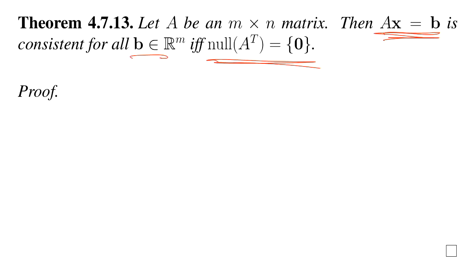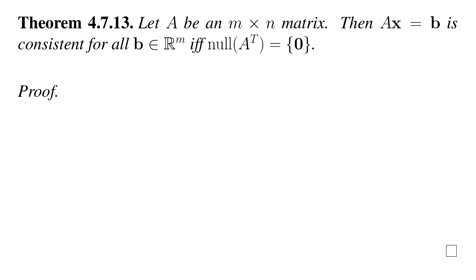It's like the size of the co-kernel determines how many things you can generate that live in the codomain that aren't images. So it's not just the set of things that aren't images, right? The set of things that aren't images are going to be everything from the column space plus something non-zero from the co-kernel. But the size of the co-kernel tells you how non-surjective your matrix transformation is.